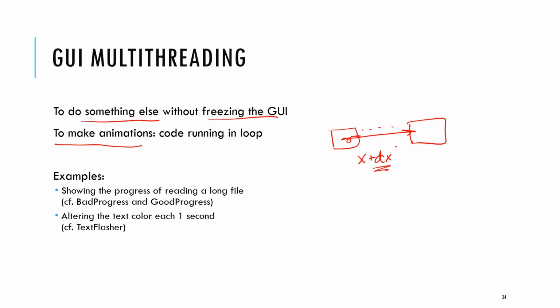It could be a tiny delta X at the beginning, and then that increases and then decreases at the end if you want to have a smooth start and a smooth end.